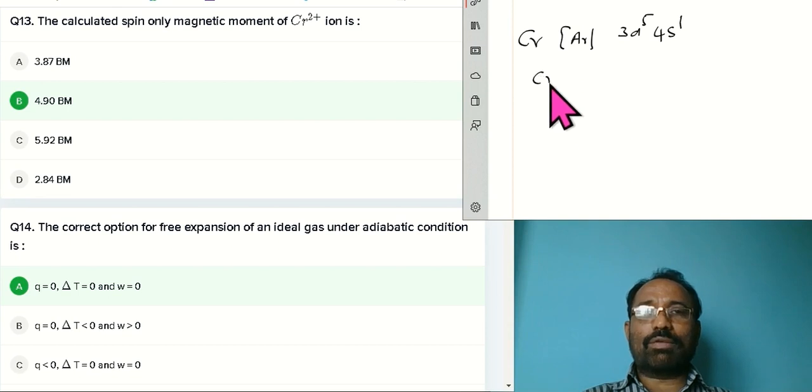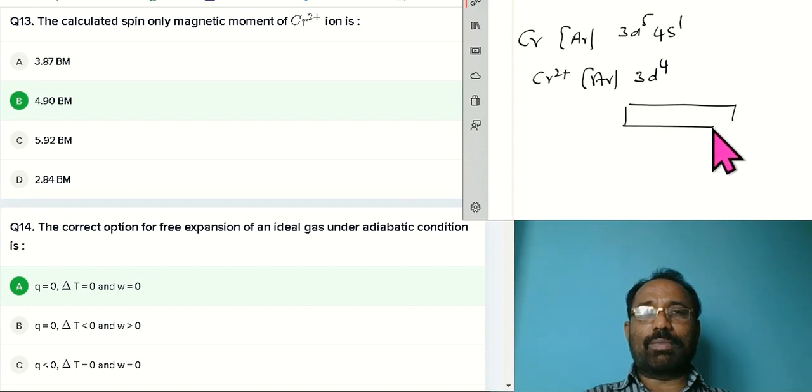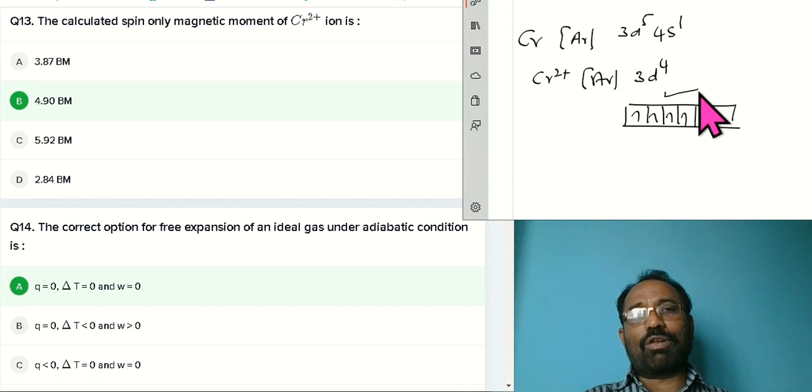But in Cr2+, the electronic configuration is argon 3d4. There are 5 degenerate d orbitals present. Out of 5 orbitals, 4 are filled with electrons and 1 is empty. Therefore, there are 4 unpaired electrons.